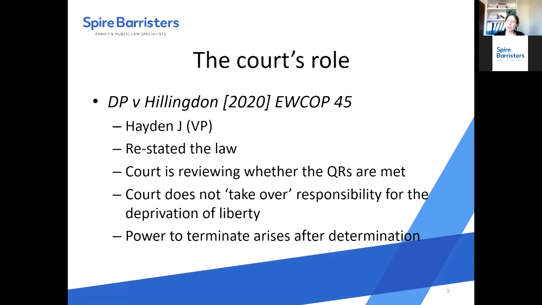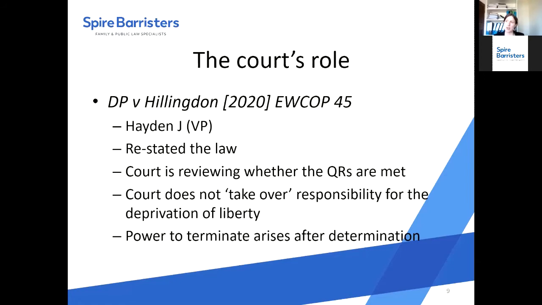So I think there is a question mark as to whether it's appropriate for the court to be varying the standard authorisation prior to actually determining the issues in the case. Now, as I say, I think it is a grey area. I think there's different views on it.